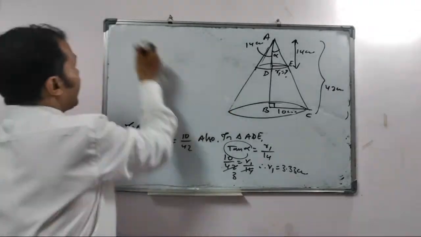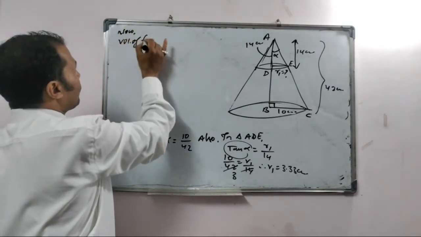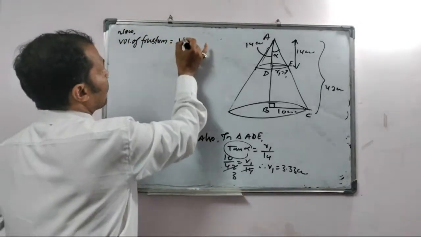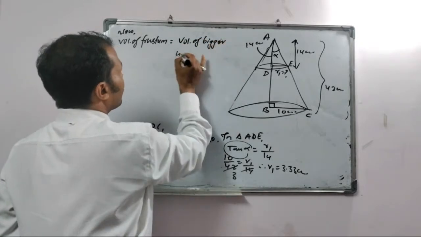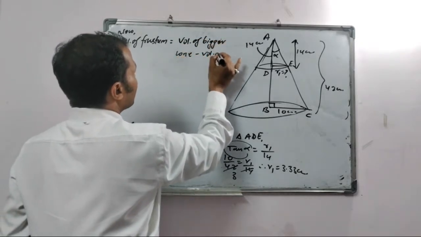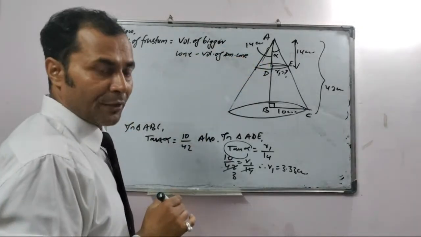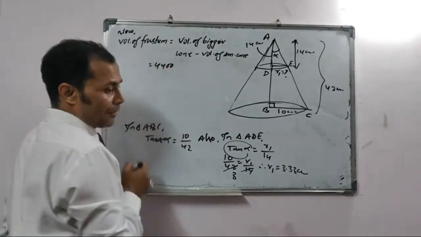Look now, volume of frustum. Volume of frustum means volume of bigger cone minus volume of smaller cone, right? Bigger cone is 4400, you already know that.